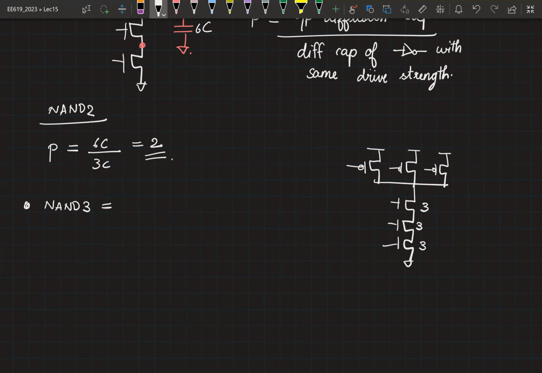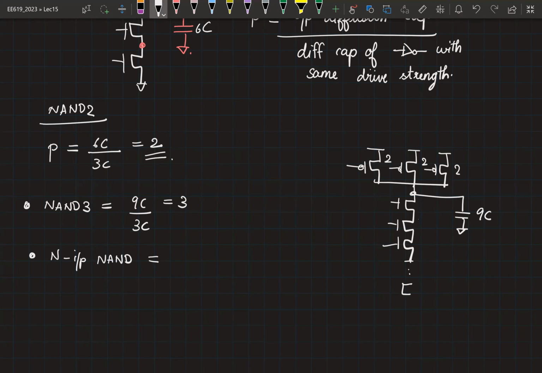So these are 3, these are 2. What is the total capacitance here? 9C. So this is going to be 9C by 3C equal to 3. What if you had an n input NAND? This will be equal to n.